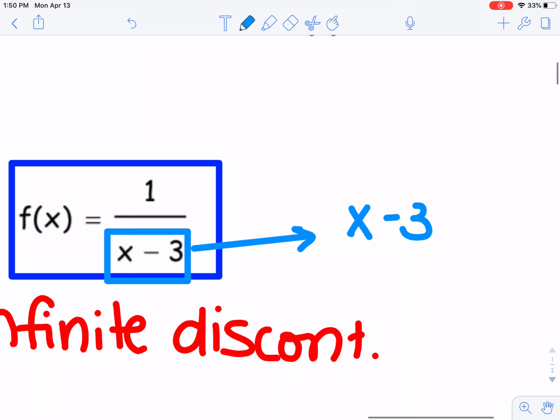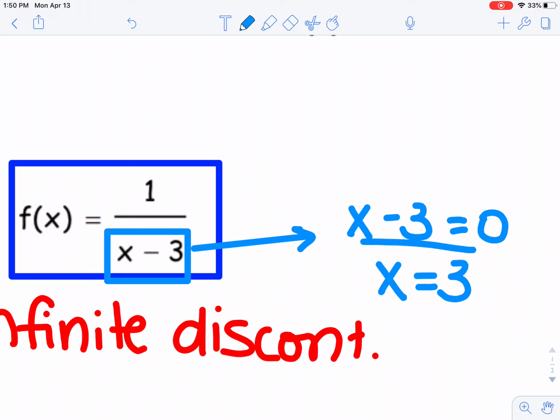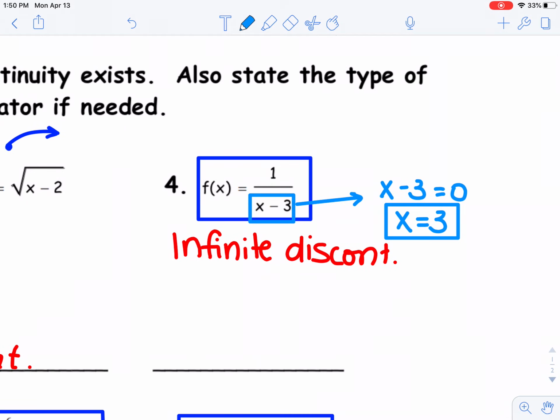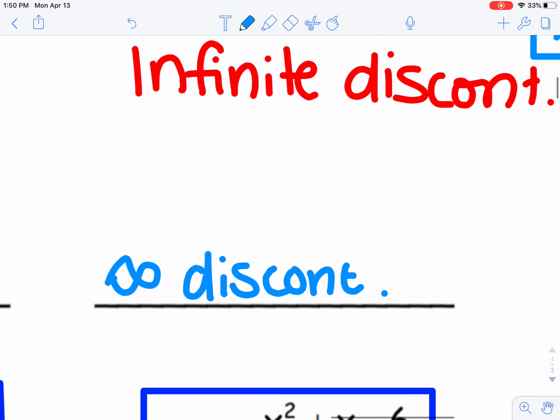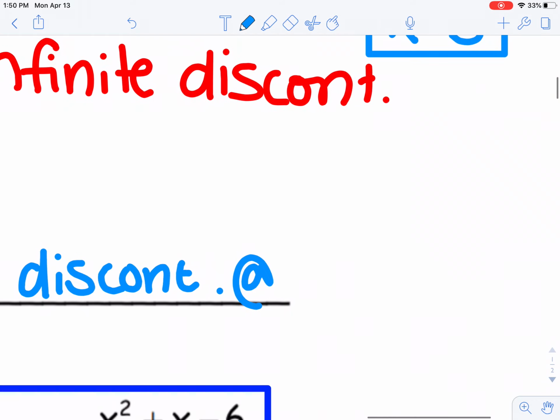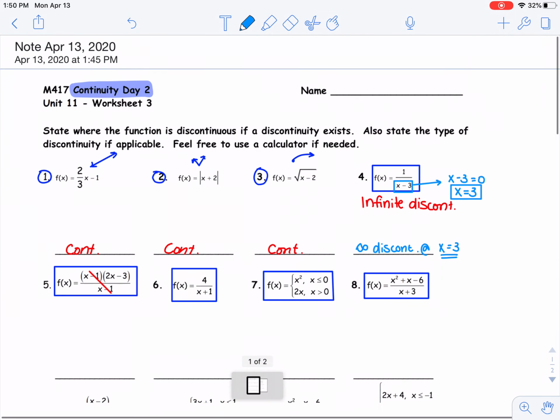So x minus 3 equals 0, solve for x, so I'm just going to add 3 to the other side, and this is where the vertical asymptote is, which is also known as an infinite discontinuity. So it's an infinite discontinuity at x equals 3. Okay. That was number 4.